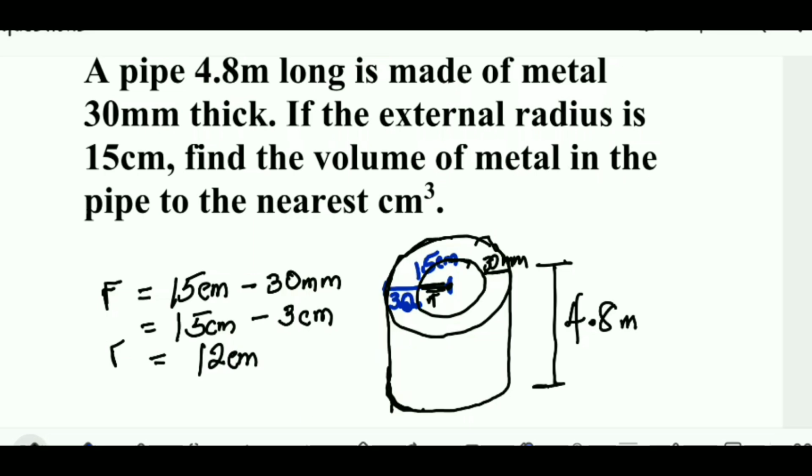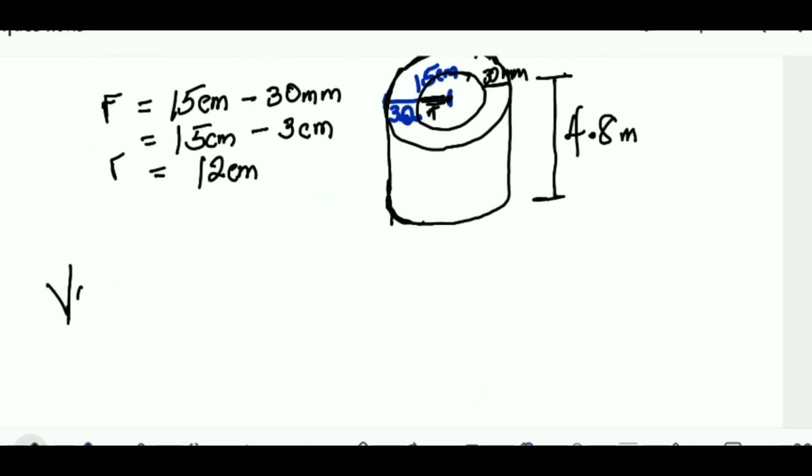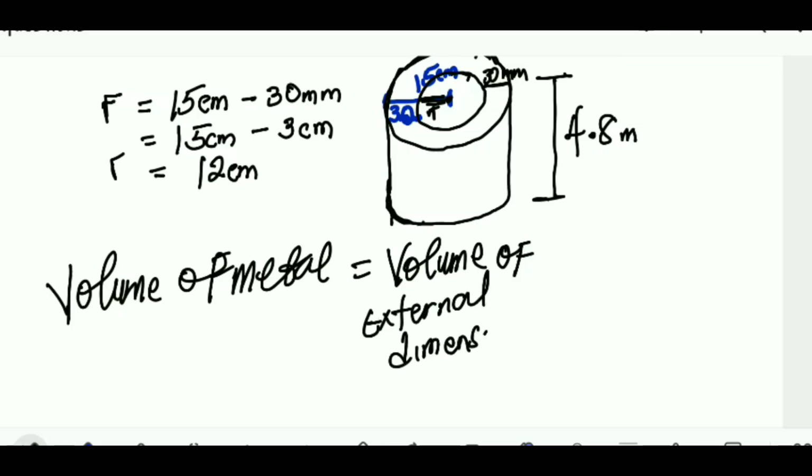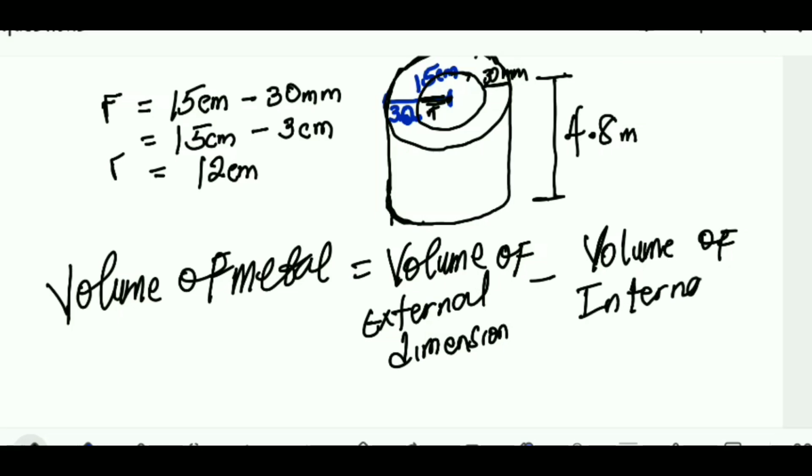Now let's find the volume of matter. The volume of matter will be equal to the volume of the external dimension minus the volume of internal space. Remember I told you this is a hollow object.